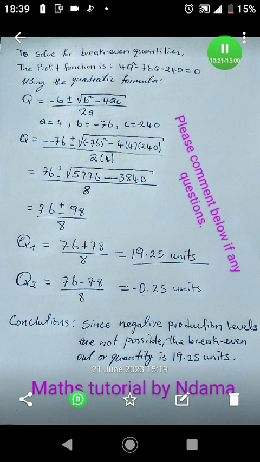Okay, after simplifying, you will see that Q1 is equal to 76 plus 78 divided by 8, which will give us Q1 as 19.25 units. Then we take the negative sign, which is Q2, 76 minus 78 all over 8.